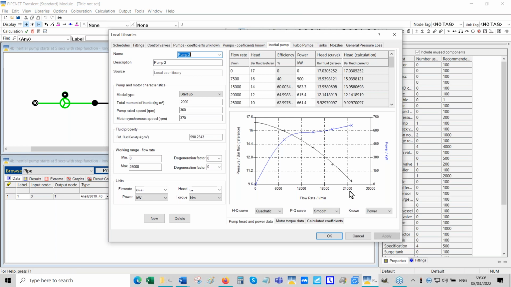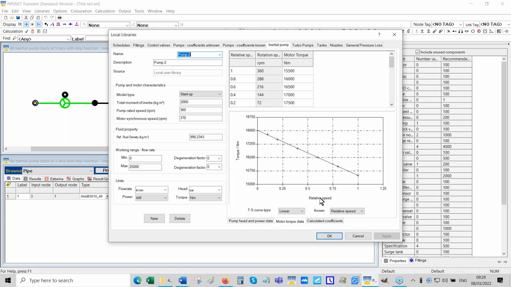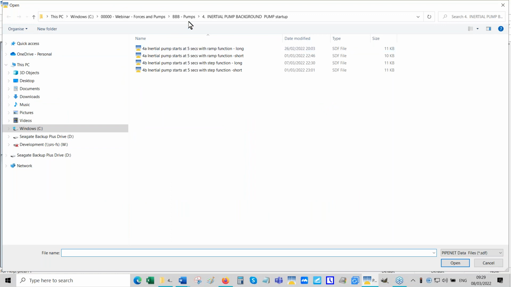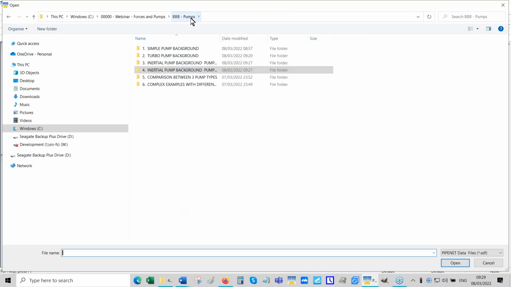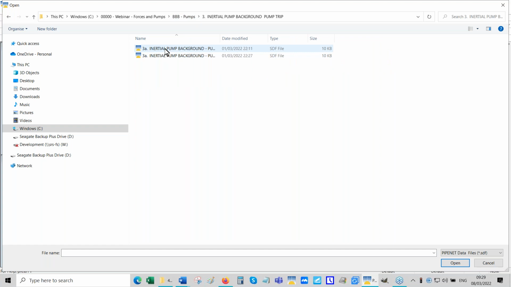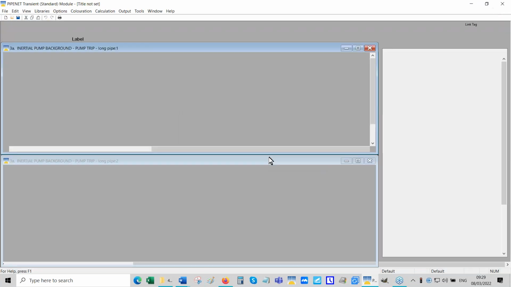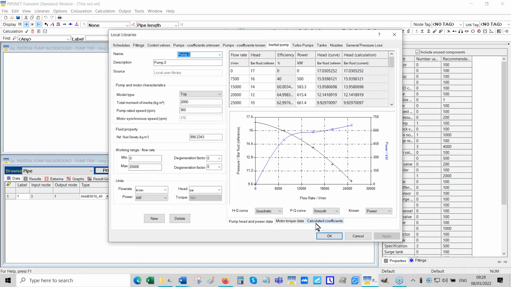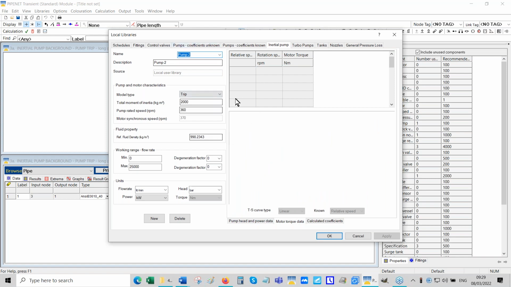This is a curve we looked at, but this tab shows the relative speed, which goes up to 1, as you know, and the torque. So the speed torque curve for the pump. We need to input that. If we open the other case, see, there's nothing there.